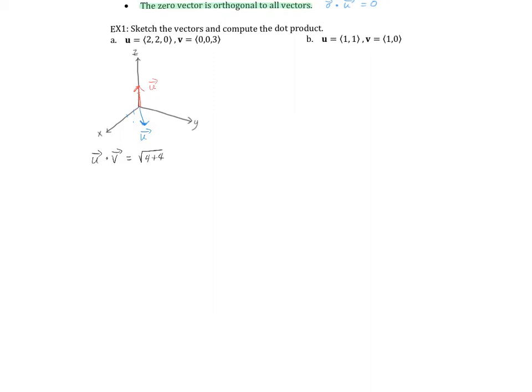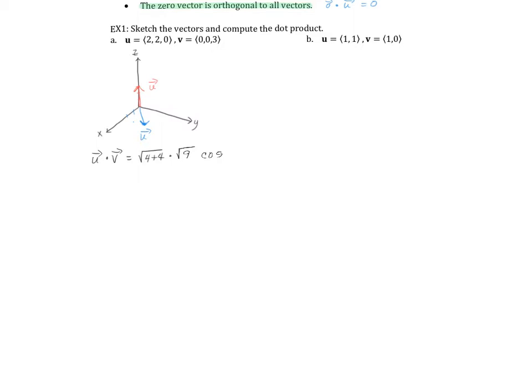Okay, and then we're going to multiply that by the magnitude of v, which would be the square root of 3 squared, or 9. All right, so that's cosine of theta. What is theta, though? Well, you have to imagine this.